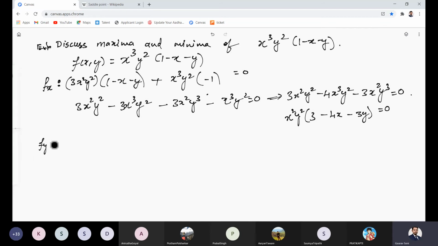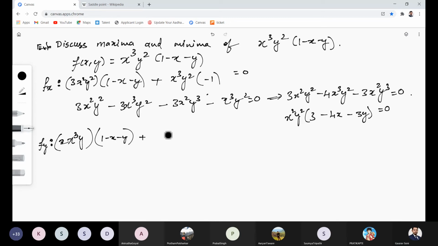Similarly fy, what we will have: 2x cube y in the other bracket 1 minus x minus y plus x cube y square in the bracket minus 1 equated to 0. That can be simplified further.